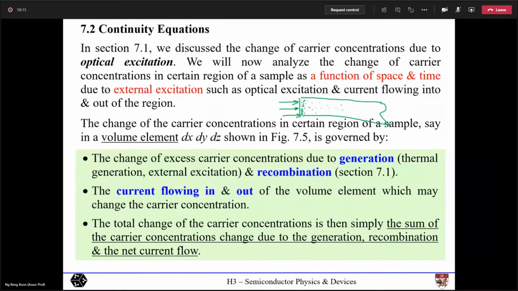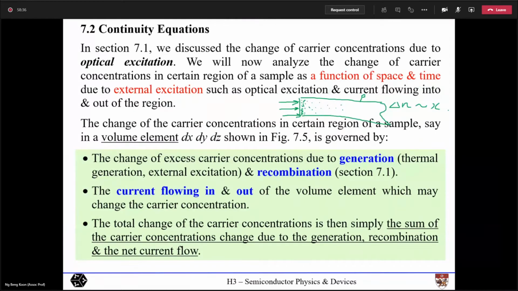Similar to the first non-equilibrium condition under optical illumination, we are interested to find out how the extra carrier, let's say this is a p-type, so how the extra carrier delta n changes with position in the semiconductor.